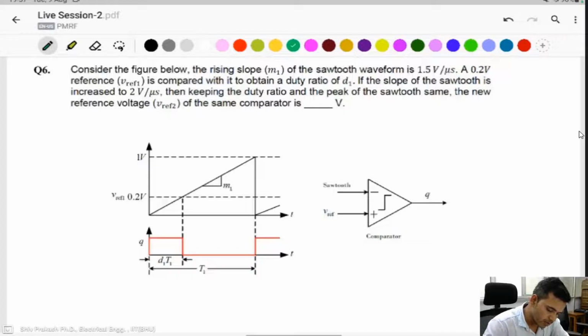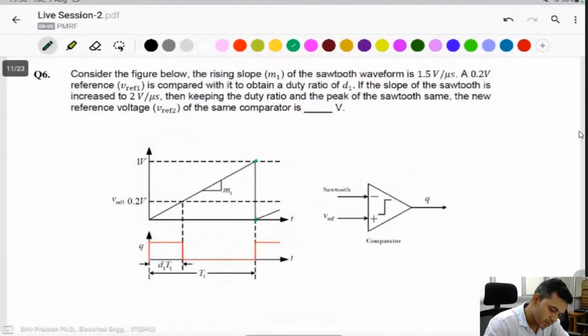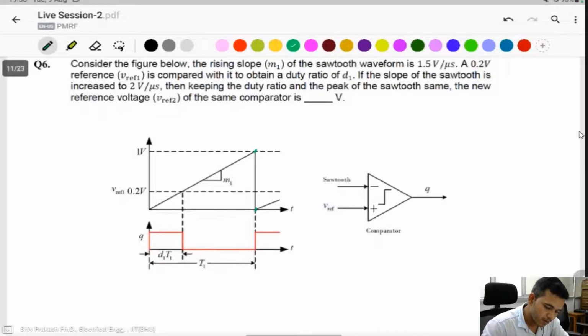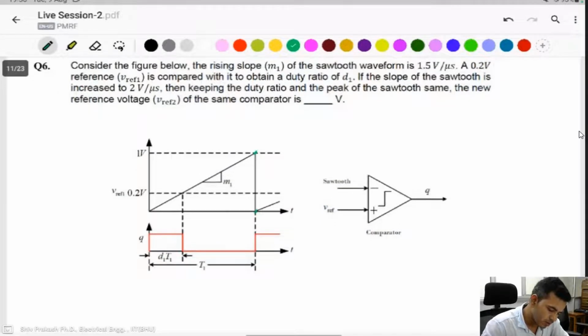Only 1 volt is given as the sawtooth time period, and it says that after duty ratio of D1, if the slope of the sawtooth wave is increased to 2 volt per microsecond, then keeping the duty ratio and the peak of the sawtooth the same, what is the new reference voltage? It says that the duty ratio is the same for both references.